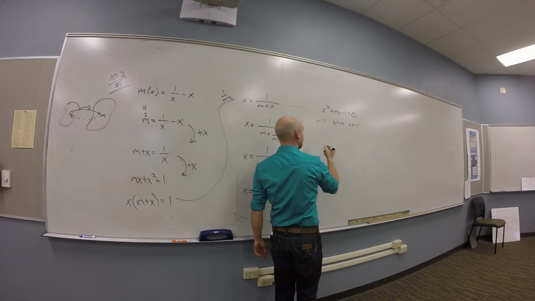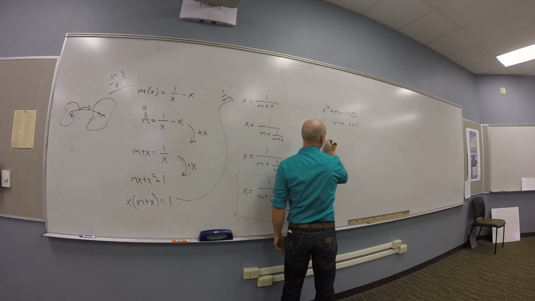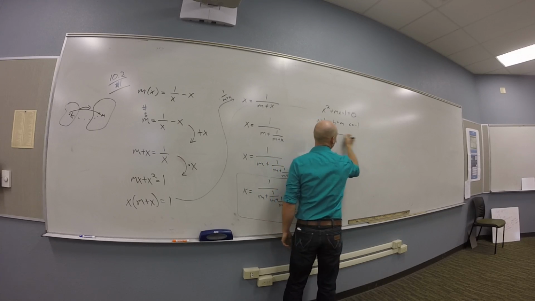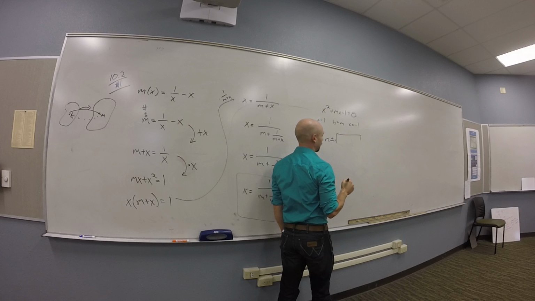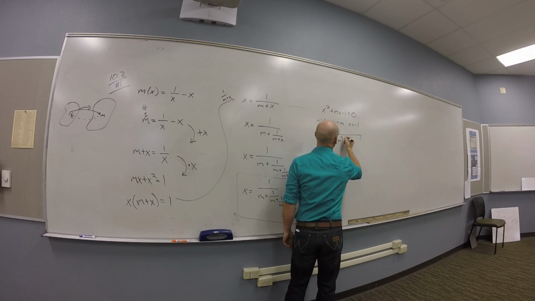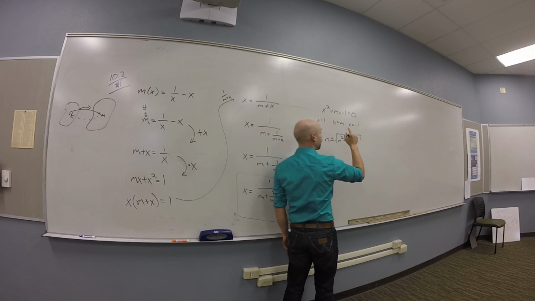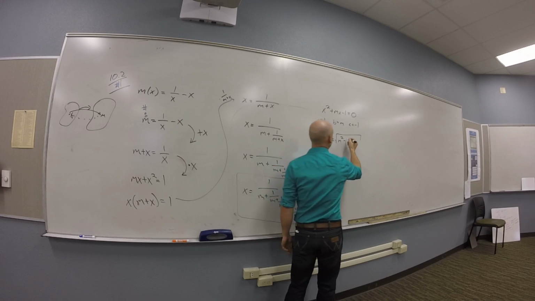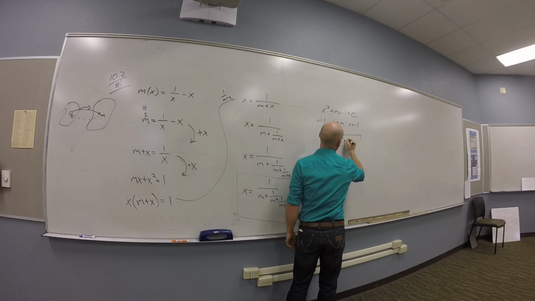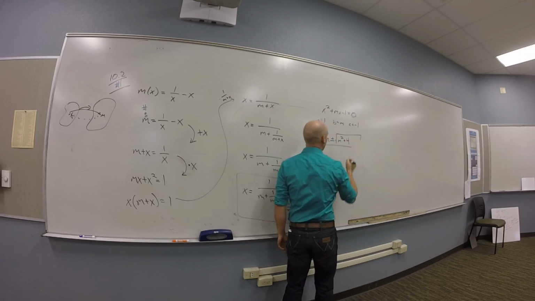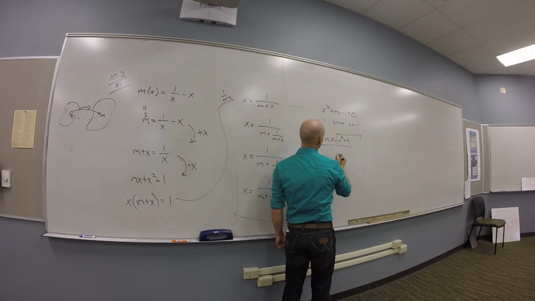And then you can cram this in the quadratic formula. So you get negative m plus or minus the square root of m squared minus 4ac, so plus 4, over 2a, so 2.